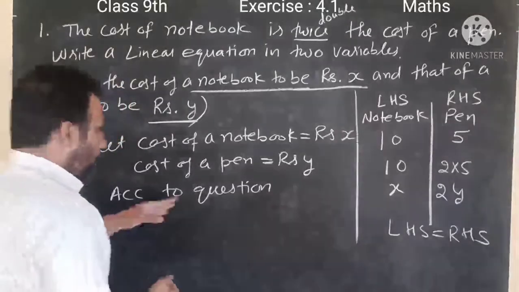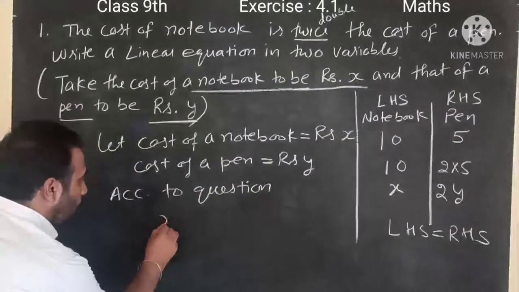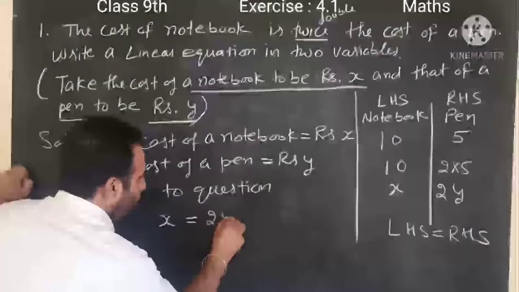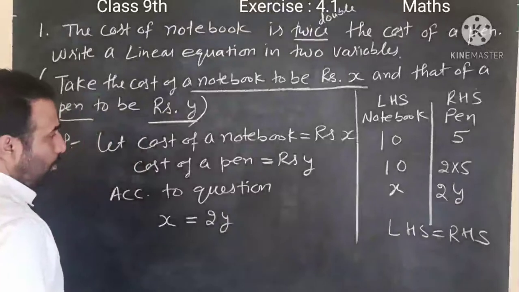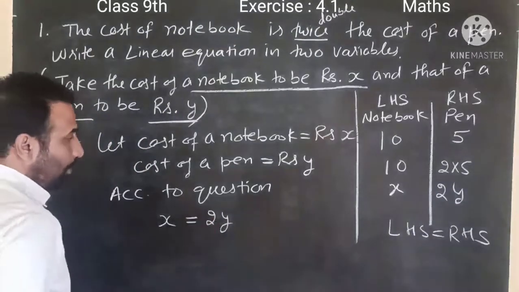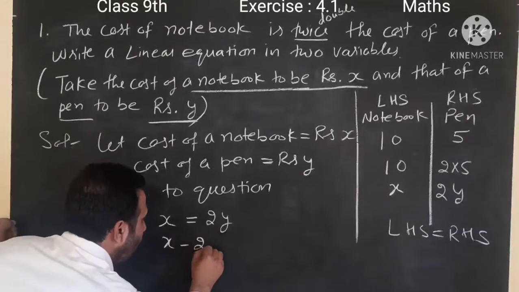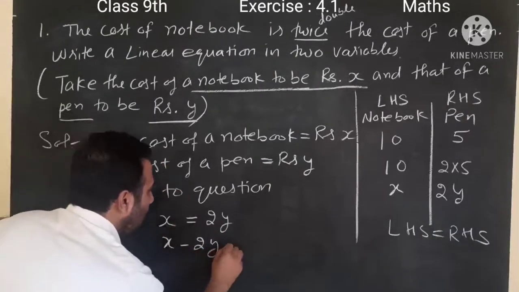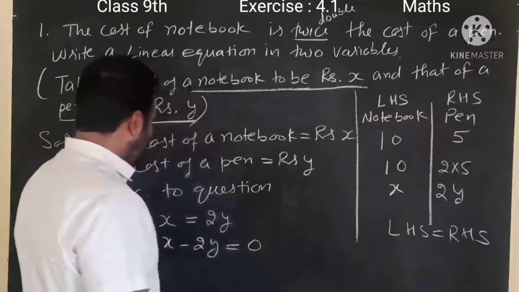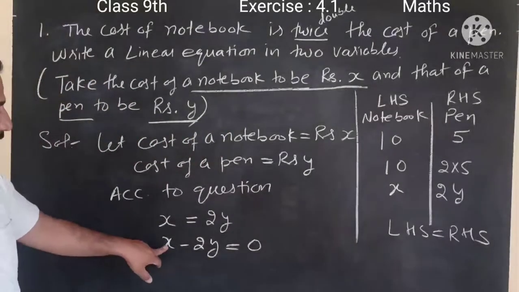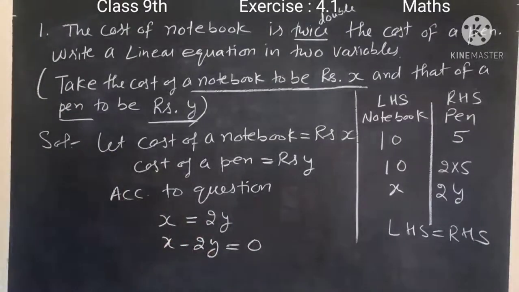According to the question, cost of notebook equals double the cost of a pen. Now our equation is satisfied. So x minus 2y will go to that side and equal to 0. This is a linear equation in two variables. There are two variables, one is x and the second is y.